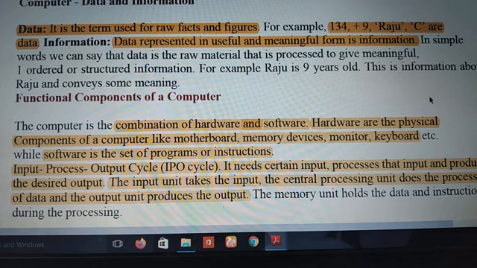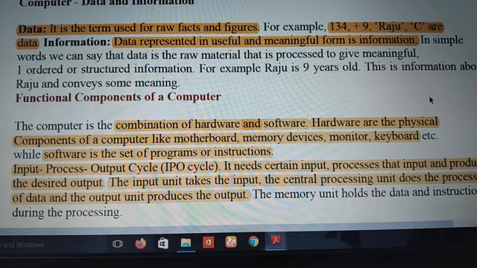Information. Data represented in a meaningful form is information. How the data is used and analyzed in the computer program is called information. How they are used in a meaningful way, this is called information. In simple words, we can say data is a raw material processed to give meaningful information.